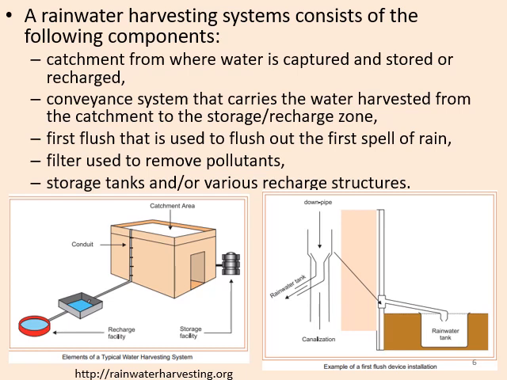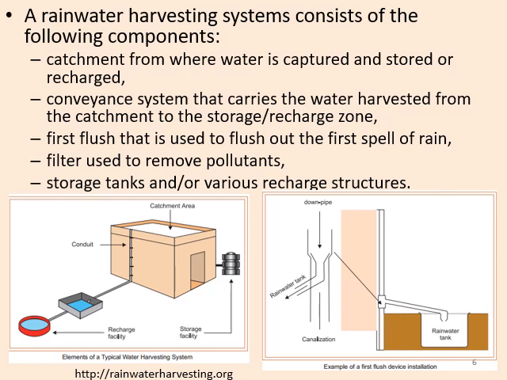In the left hand side diagram it is shown here. The tank is given here for storage facility, or if we want to recharge it, then from the downtake pipe it will go to the recharge facility where we want to recharge.